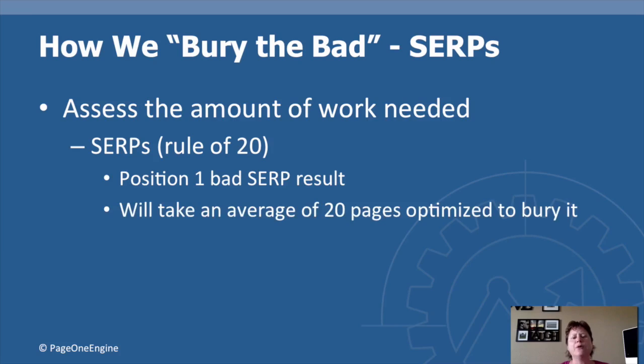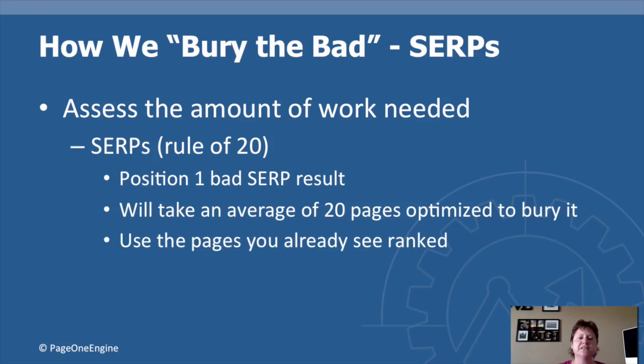So realistically, how are we going to do that, to take an average of 20 pages to optimize? Well, we're going to use the pages that we already see. When you look at the first page results, you're really going to see that there might be one bad. So we'll pretend there's only one bad. That should mean there's 9 or 10 good things, hopefully, on page 1 about that particular key phrase, business, or person, meaning we already have some stuff on there.